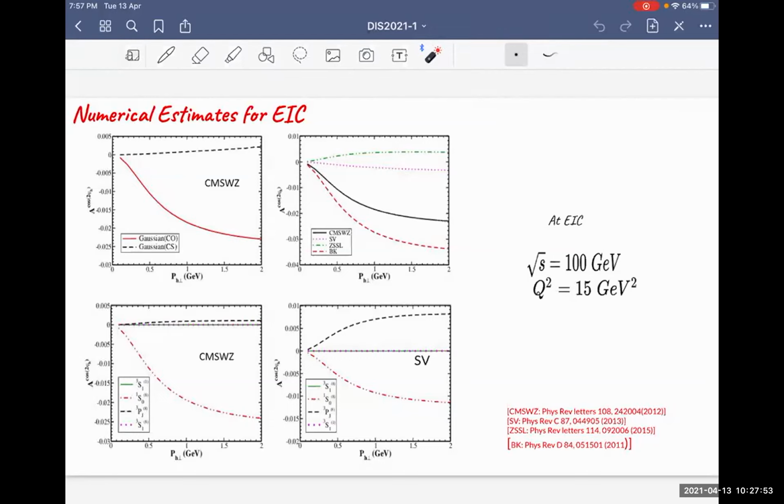In the second upper plot, we have plotted the asymmetry as a function of PH perp for various sets of LDMEs. We found that this red line, the BK set of LDMEs, was giving the maximum contribution to the asymmetry. In these two lower graphs, we have plotted the asymmetry using two sets of LDMEs for the individual states.